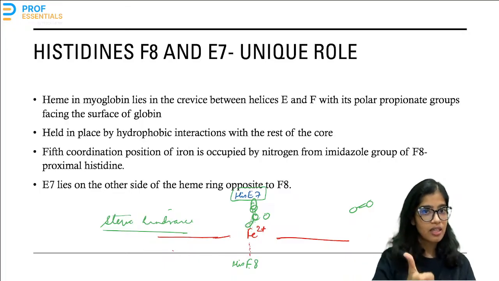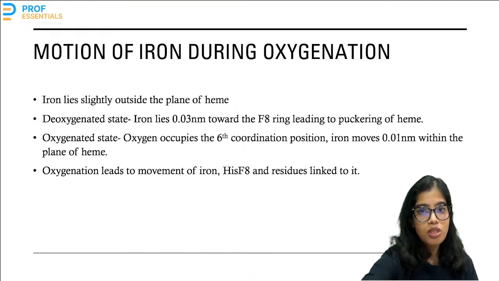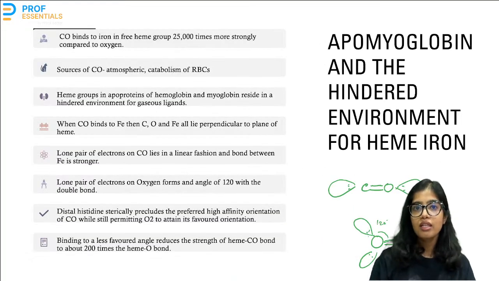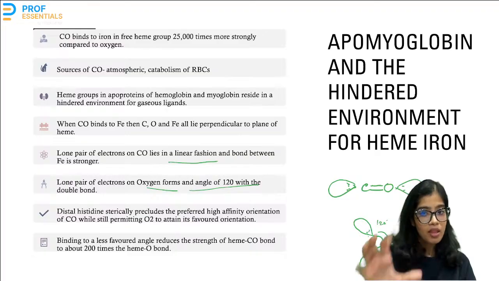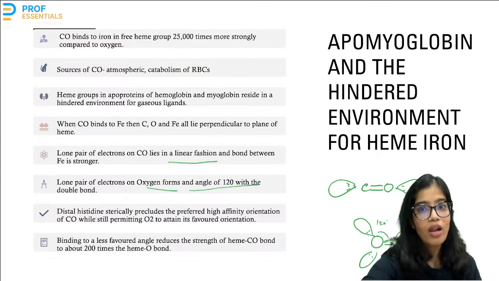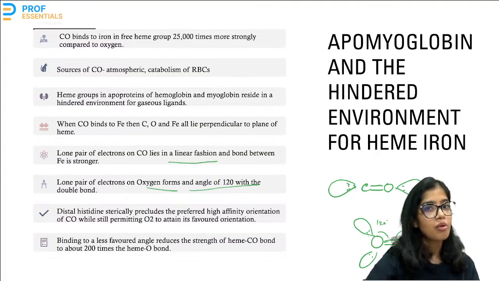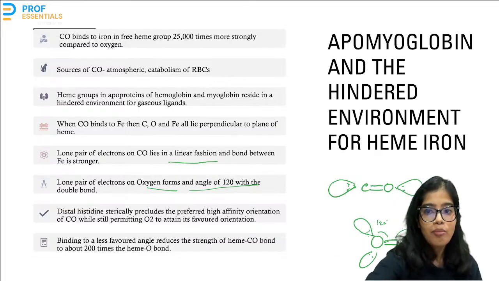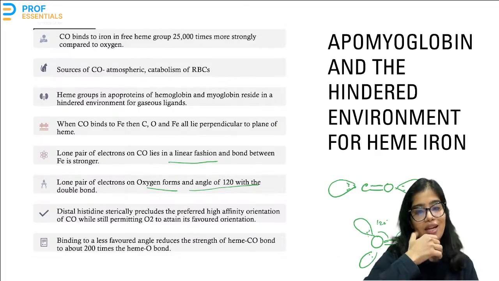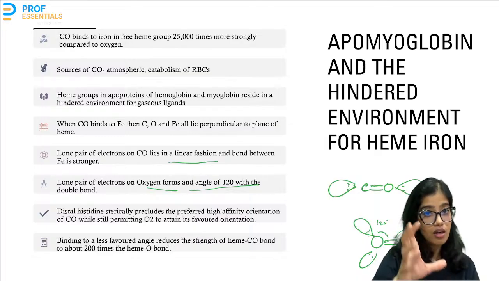So there will be steric hindrance from histidine E7, and because of the linear arrangement of the lone pair of electrons in carbon monoxide as compared to the 120-degree angle in oxygen, carbon monoxide cannot easily adjust in the heme iron.